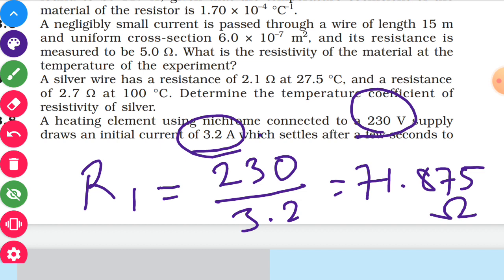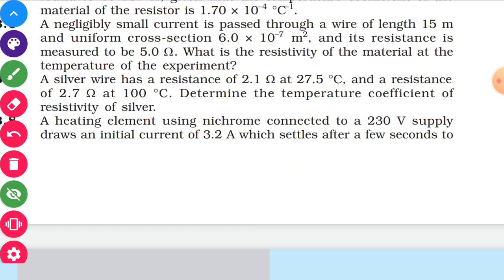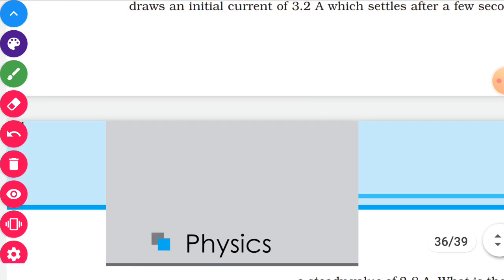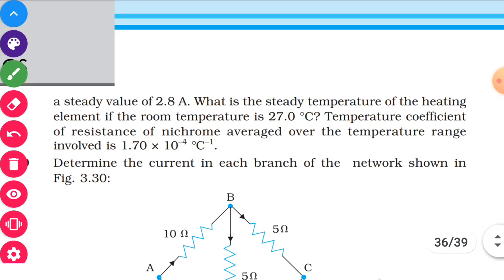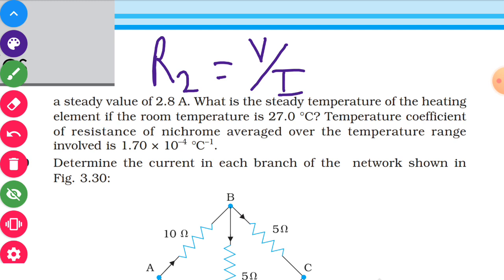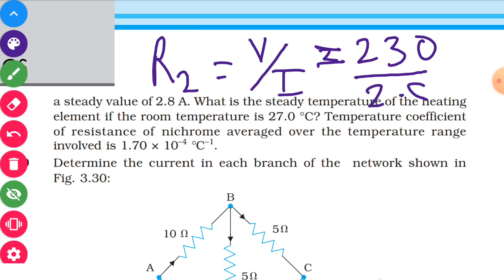So this is the initial value of resistance. Now this current settles down after a few seconds. It is becoming steady, and at that time the current becomes 2.8. So try to understand. Now the current is different, so the value of resistance, say R2, of the nichrome wire will change. It becomes V upon I. Now the voltage is same, 230, but the value of current is different.